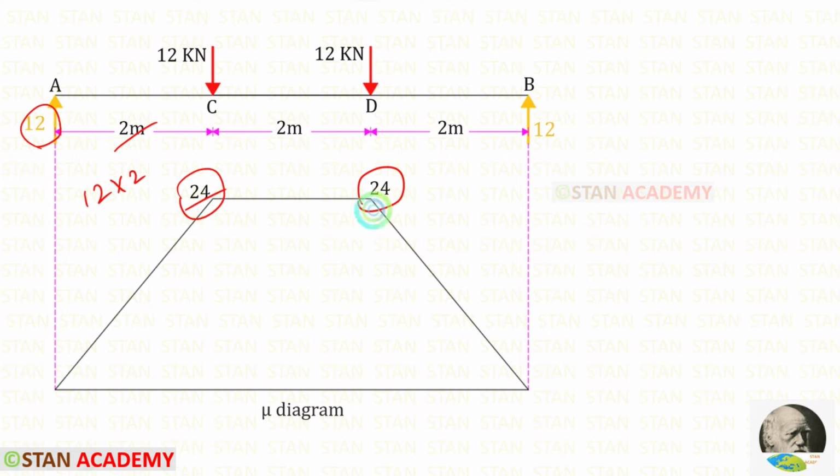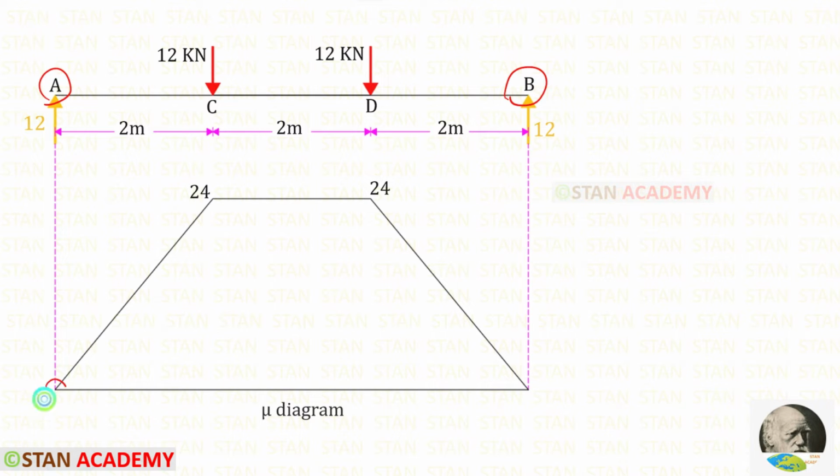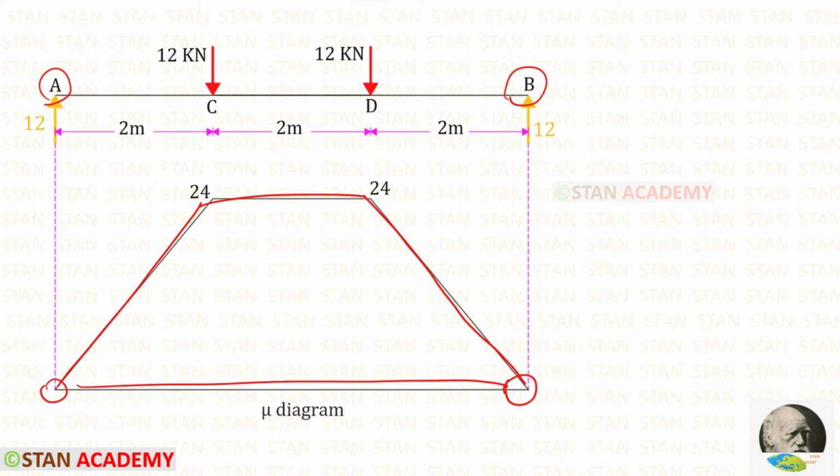Similarly, to get this ordinate, we have to multiply the vertical reaction RB with the distance 2. 12 into 2, here also we will get 24. We know that in the simply supported ends A and B, the bending moment is 0. We can connect all of the points and draw the bending moment diagram. This diagram is called the mu diagram.